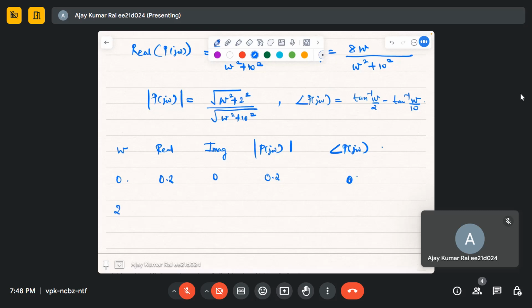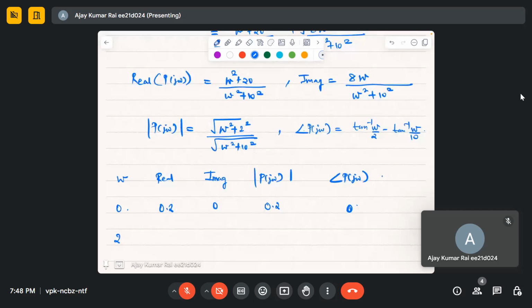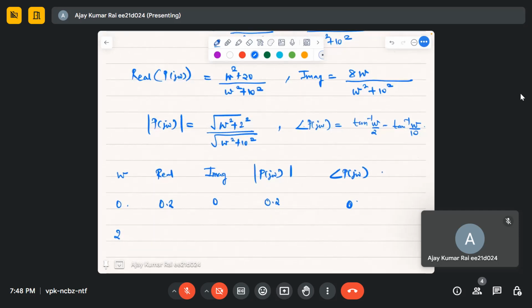So let's find out at 2. Omega is equal to 2. What is the value? So what will you get for the real part? If you put omega equal to 2, omega square is equal to 4.